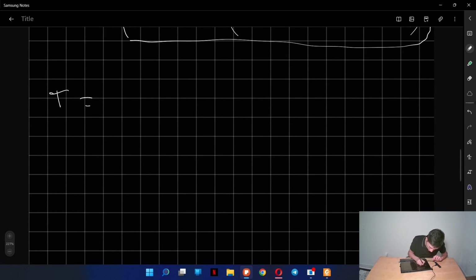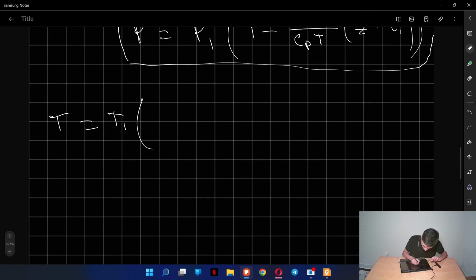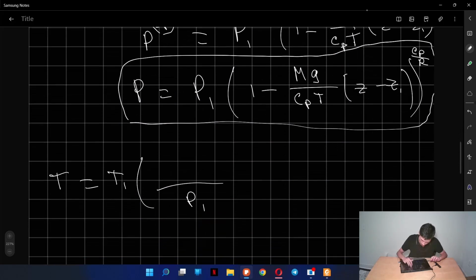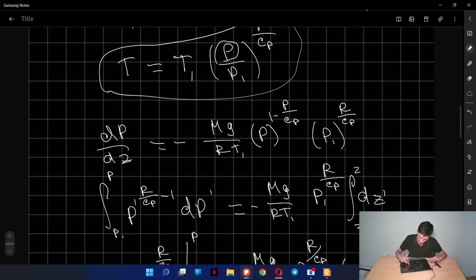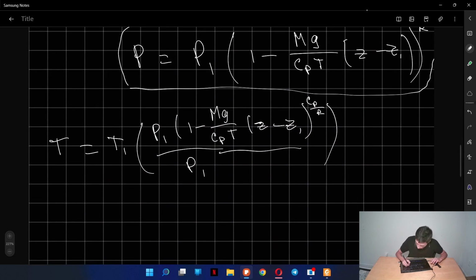So it's just going to be T is equal to T initial times P initial, and this whole equation in numerator, P initial times 1 minus mg over Cp T, z minus z initial, right, to the power of Cp over R. And in our temperature and pressure equation we have everything raised to R over Cp.